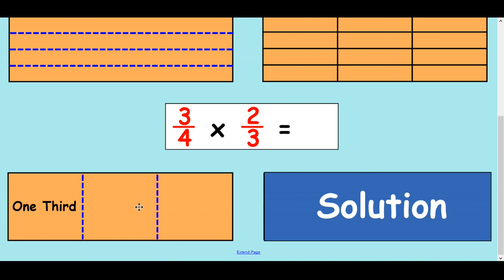This is the last one I'm going to look at with a picture. 3/4 of 2/3. That's what we're looking at here. Now we can see here that 2/3 is there. That would be 2/3, wouldn't it? There's 1/3 and another third.